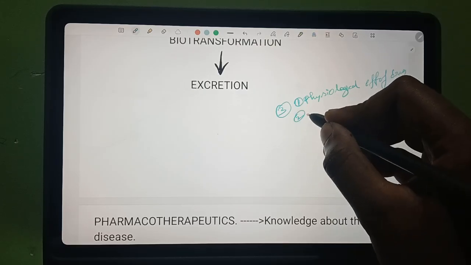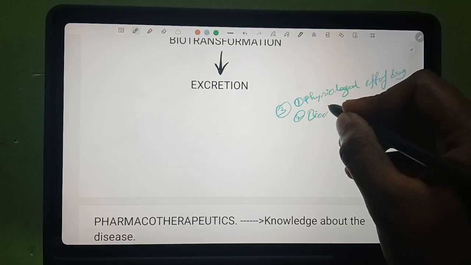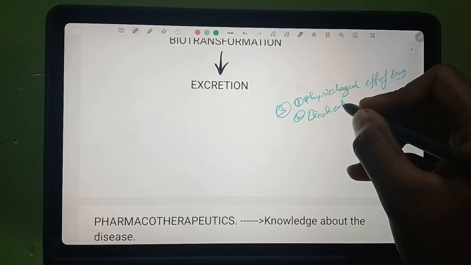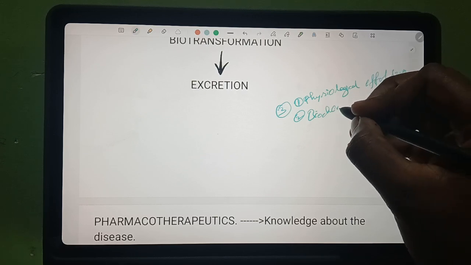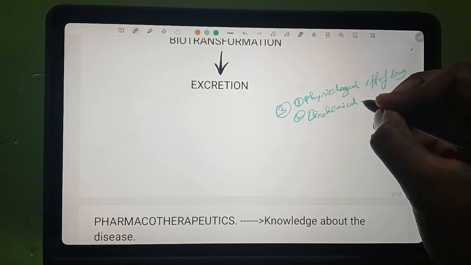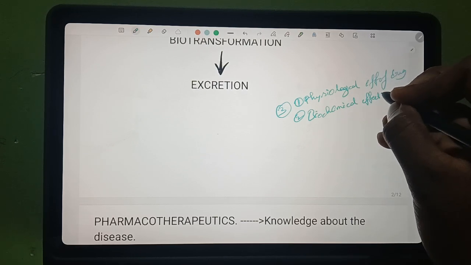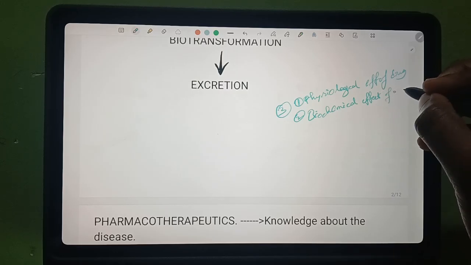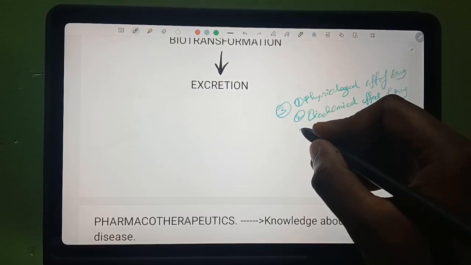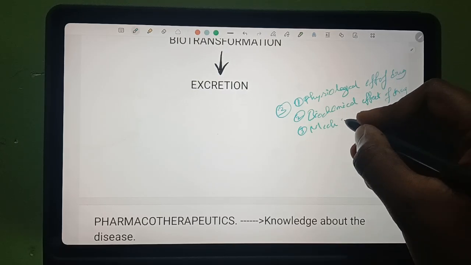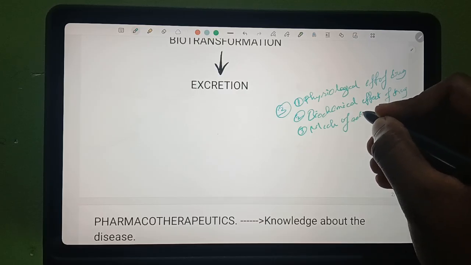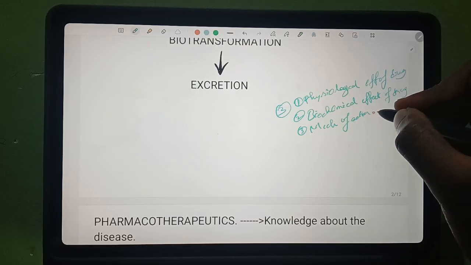Second, the biochemical effect of the drug. And third, the mechanism of action at the organ system.